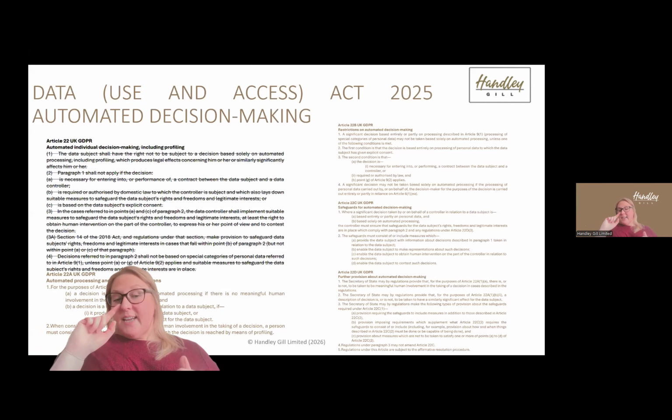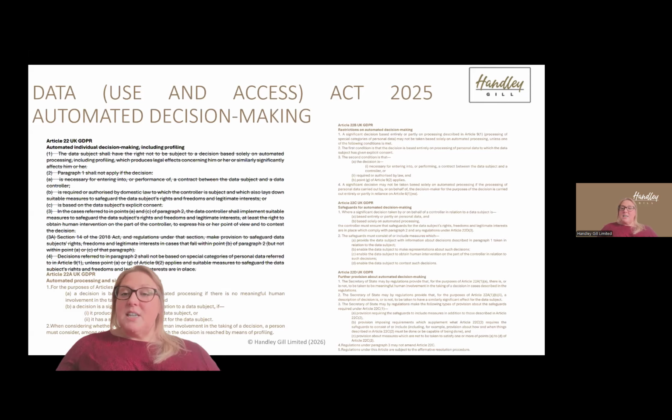So it retains the definition of a significant decision, legal or similarly significant effect. And then it says when you're considering whether there's meaningful human involvement, you must consider the extent to which a decision is reached by means of profiling. You then have the restrictions on automated decision making, or Article 22B.